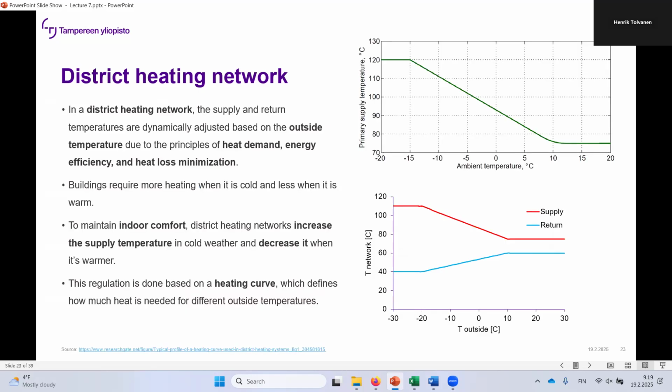So in a district heating network, the supply and return temperatures are dynamically adjusted based on the outside temperature. Heat demand, energy efficiency, and heat loss minimization all affect that. So 120 when it's minus 15.